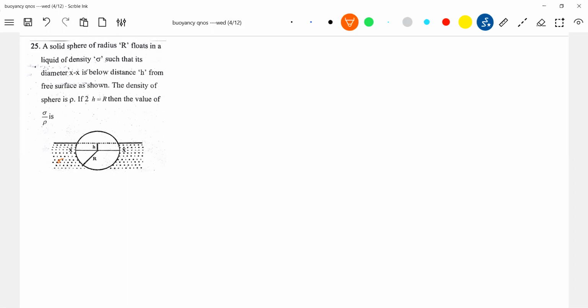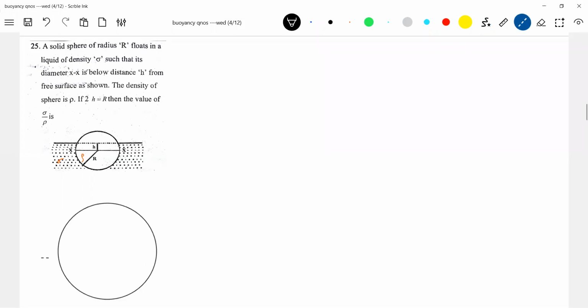Density of liquid is sigma, density of sphere is rho. I think you should not get confused here. This is very important; it is the reverse of what is usually given. And let's get into the calculation. So I'll begin like this. What we have to find out is, this is the diameter xx dash.